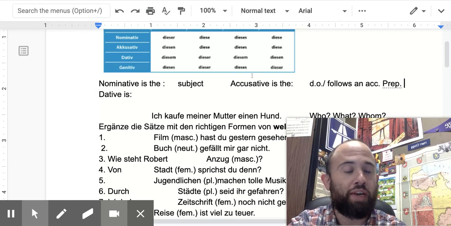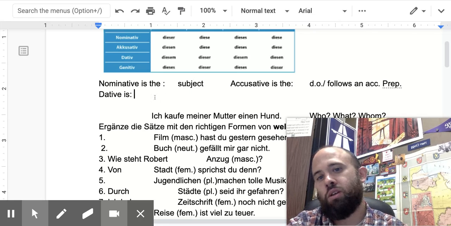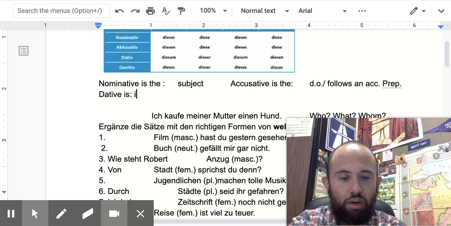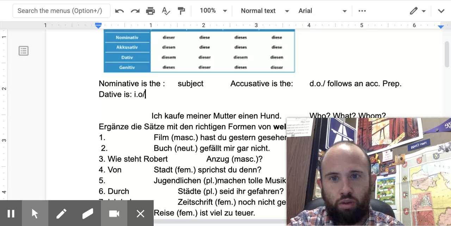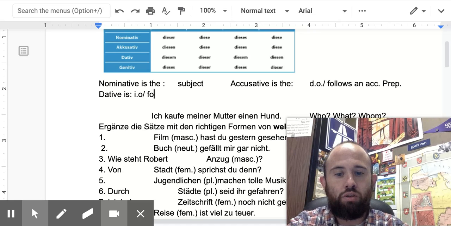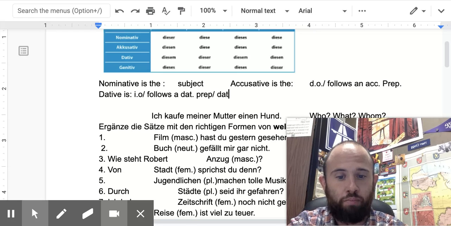Those are durch, für, gegen, ohne. And dative things could be aus, außer, bei, mit, nach, seit, von, zu, or the indirect object, right? Indirect object, I'll show you that in a sec, follows a dative prep or is used with a dative verb.